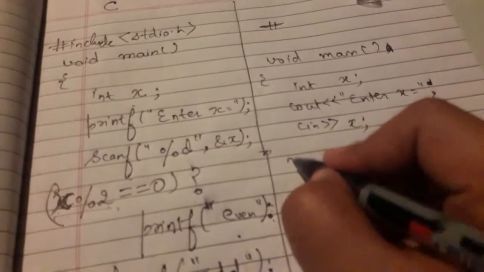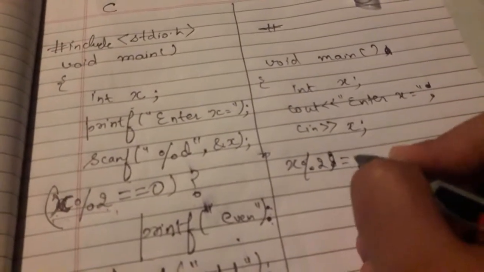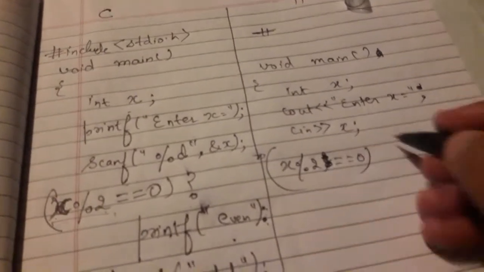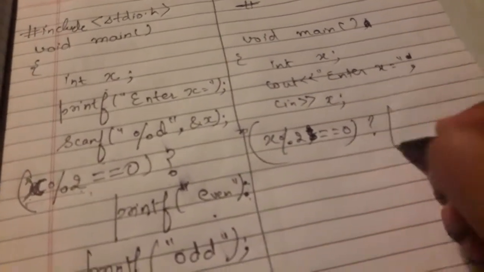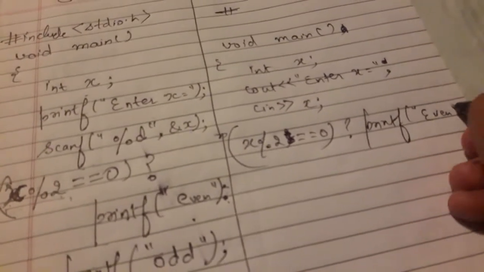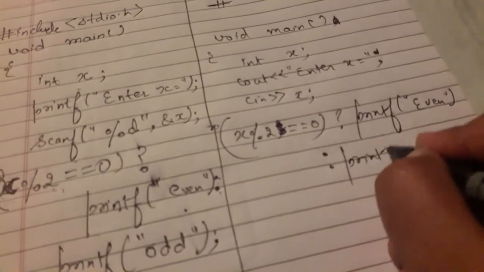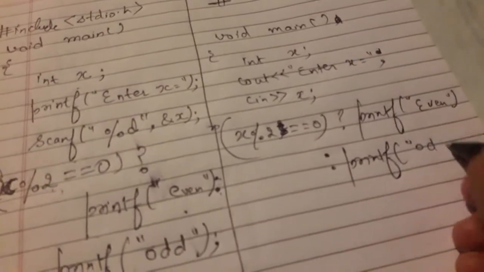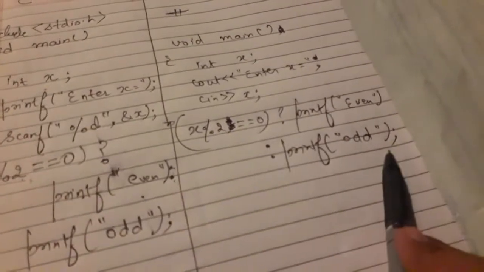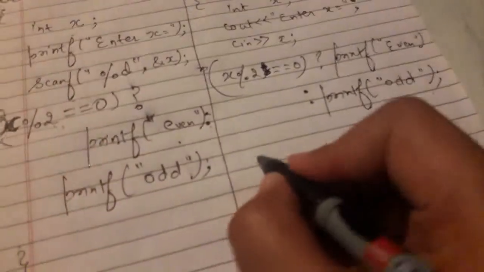Now if x modulus 2 is equal to 0, question mark, printf even, otherwise printf odd. I am writing it below because I have a space problem. This is one statement complete.